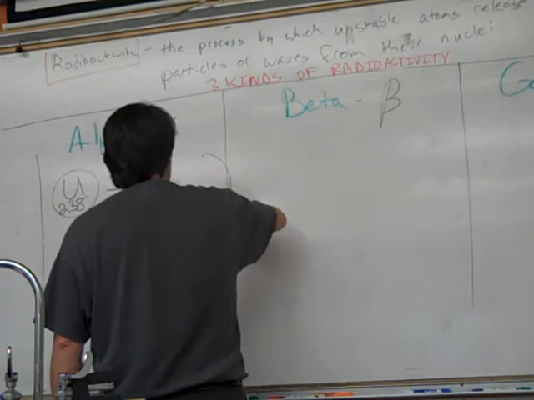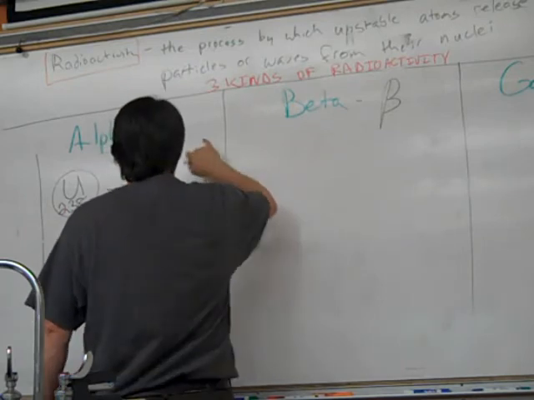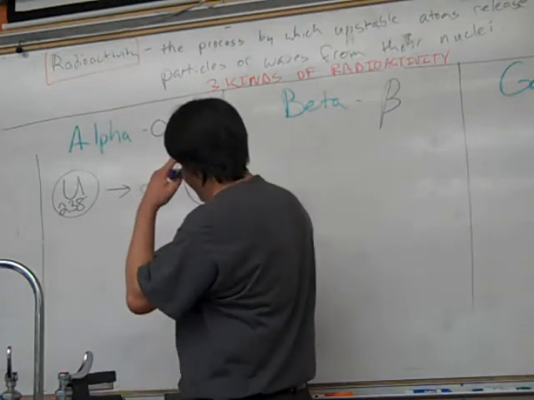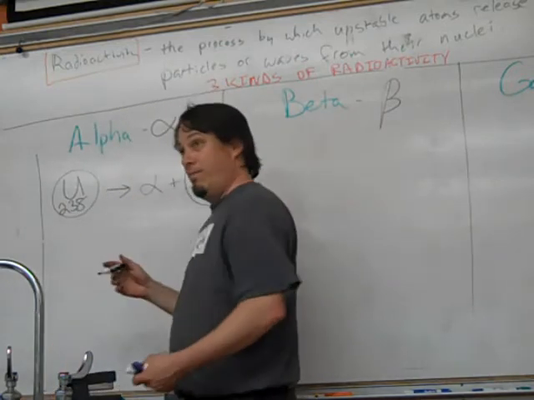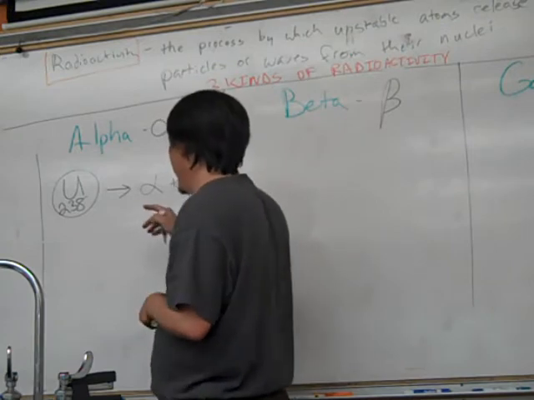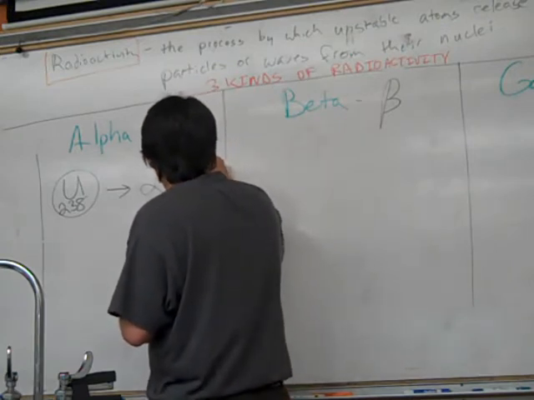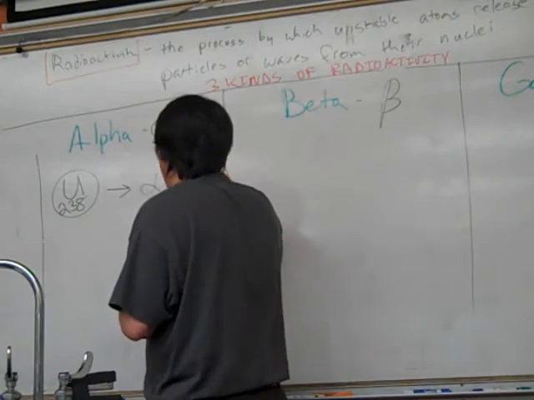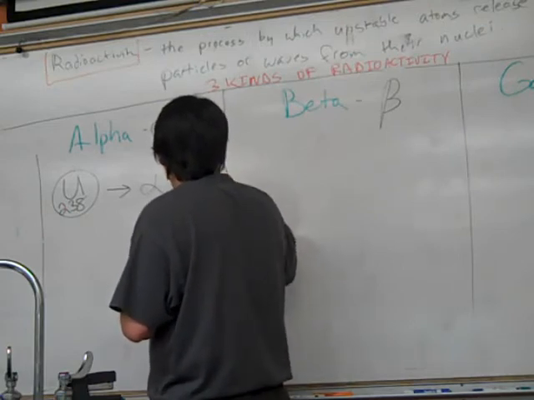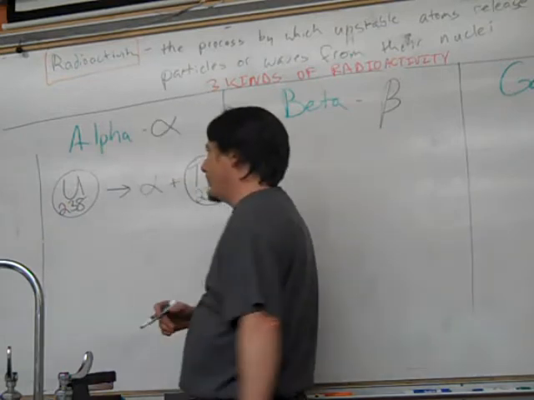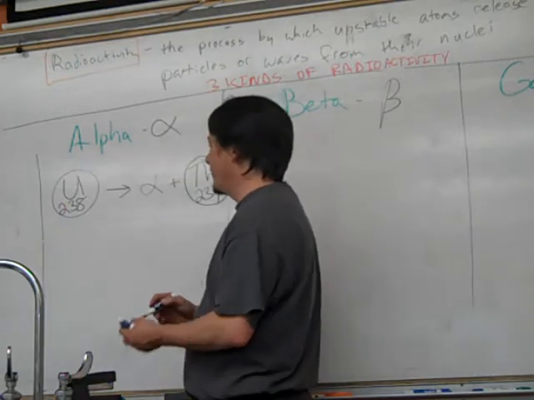Because if you think about it, it doesn't become something bigger, it becomes something ever so slightly smaller, that has a different mass. It turns out it becomes, I think, thorium-234. And we'll see how that is in just a minute, after this alpha particle shoots out.